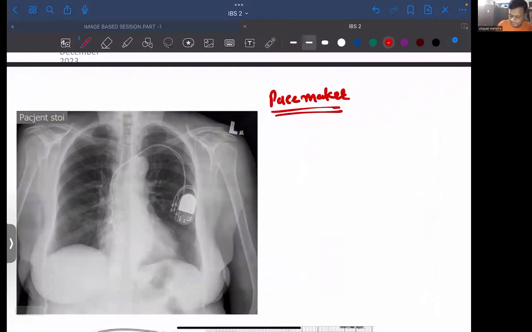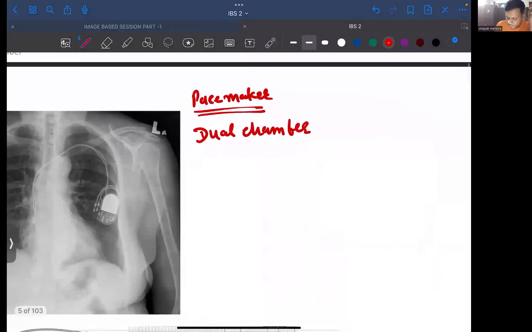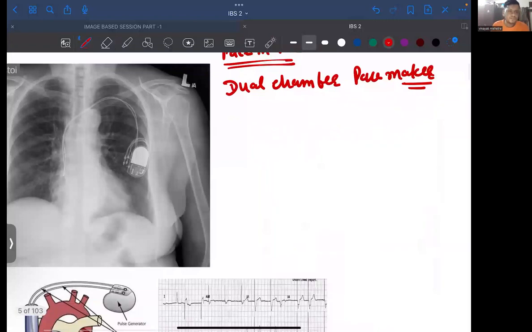This is a dual chamber pacemaker, right? Where do we see the leads? Again think anatomically. Here it was the right atrium. Below the right atrium, what will be there? Of course it is going to be the right ventricle.